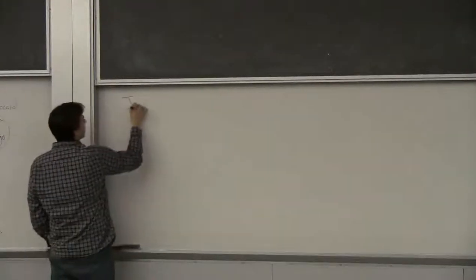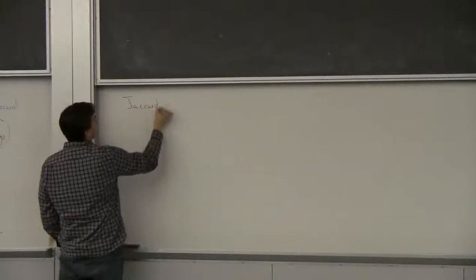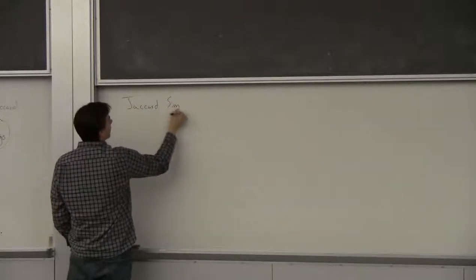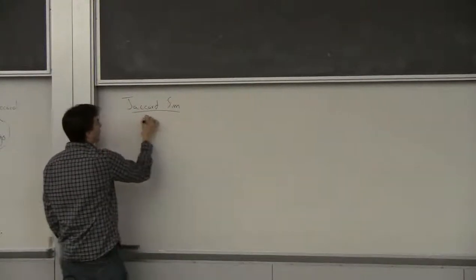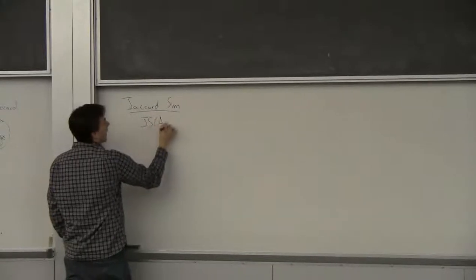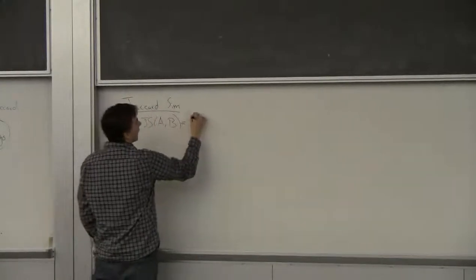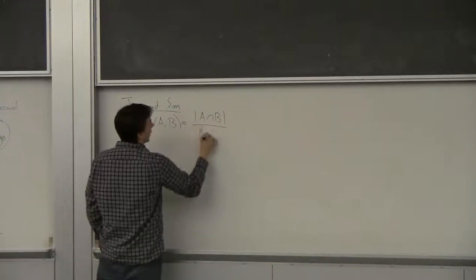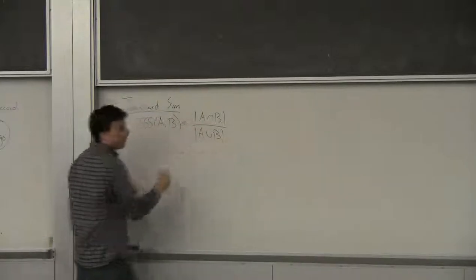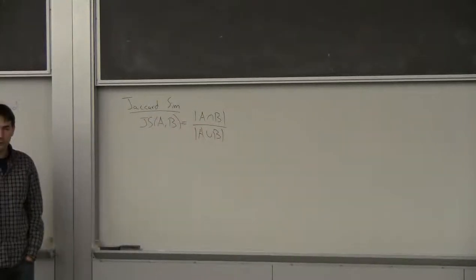So then the Jaccard similarity is going to be between two sets, A and B, and this is defined as A intersection B over A union B. Okay. So this is pretty simple.